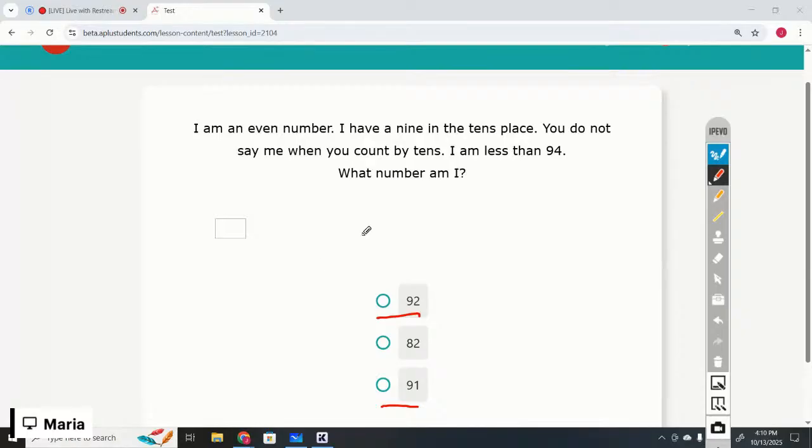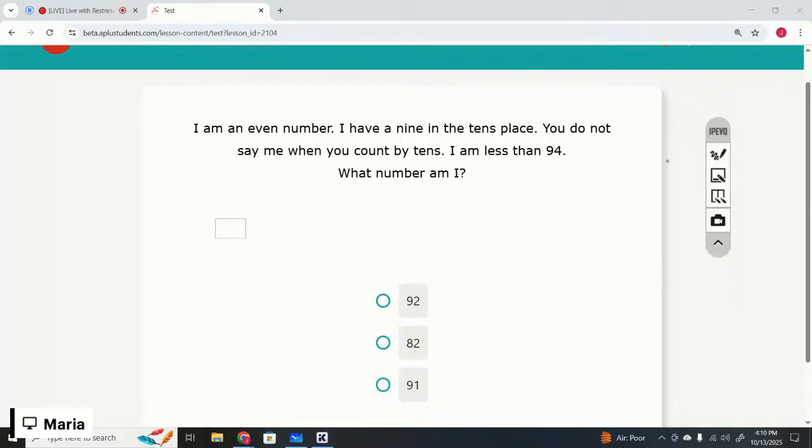So which number is even? So that is 92, an even number. The correct option is 92. Option number 1 is the correct option.